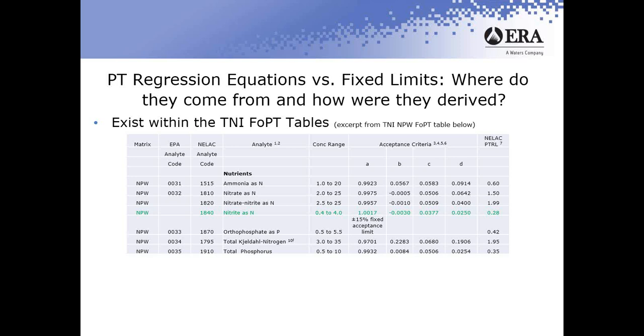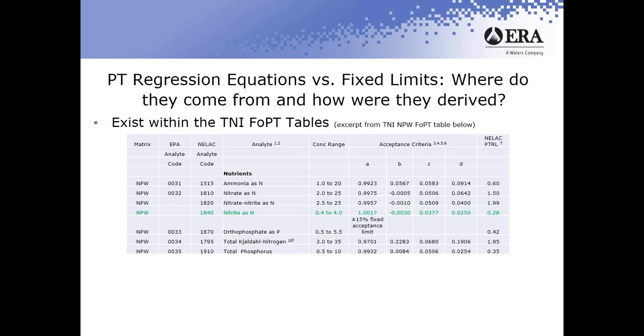All PT providers have to manufacture their samples such that the assigned value falls within these ranges. The C and D values will give you a predicted standard deviation, and that's one standard deviation. So you'll see down there that orthophosphate as P has a plus or minus 15% fixed acceptance limit. All of the FOPT tables will have some form of this.